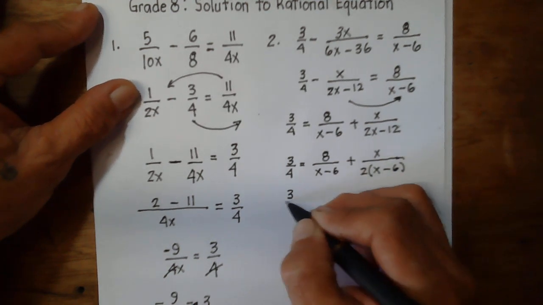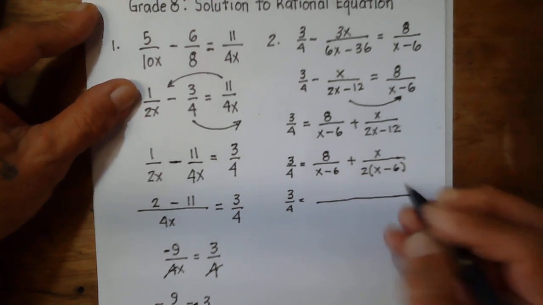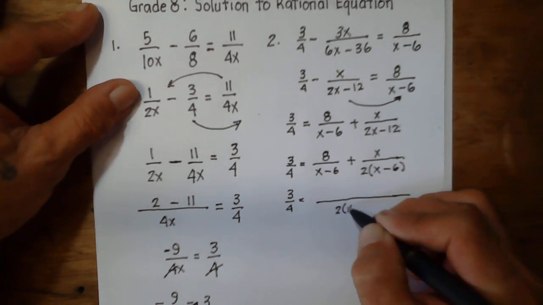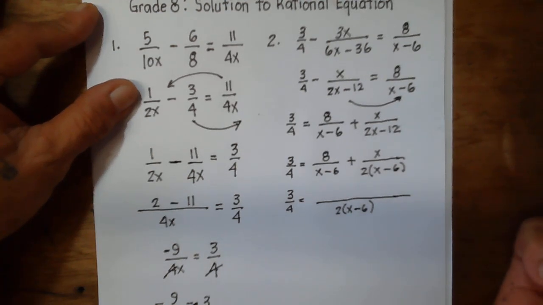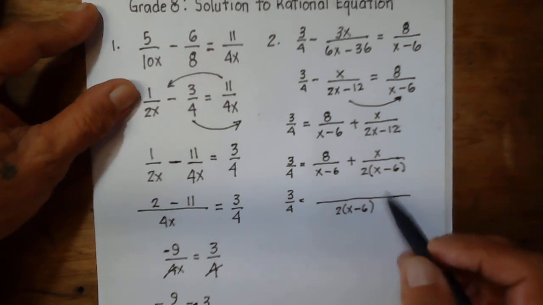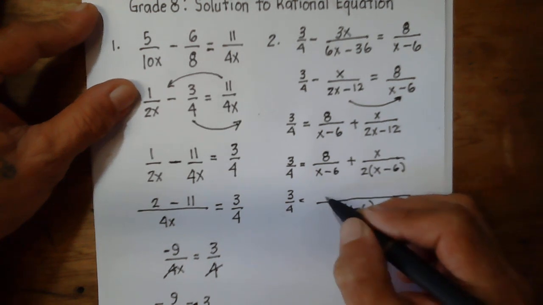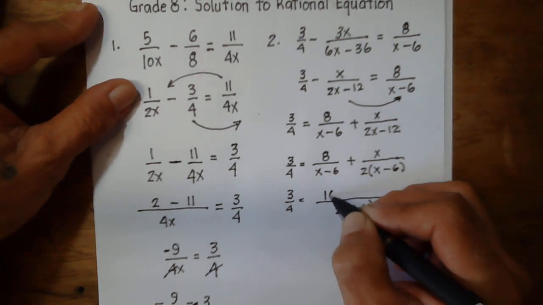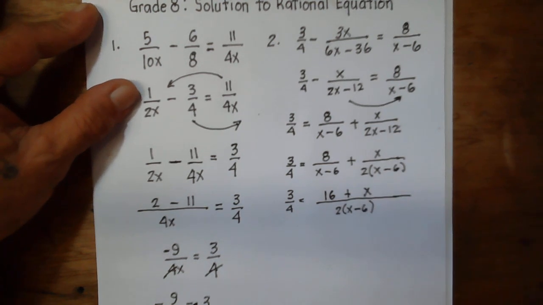So here we have the LCD, which is 2 times x minus 6. Now, if 2 quantity x minus 6 is divided by x minus 6, we get a 2. And we multiply this 2 by 8, we get 16. Plus, we only copy x.